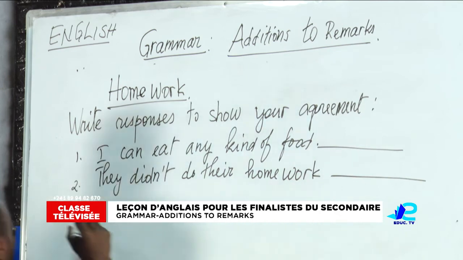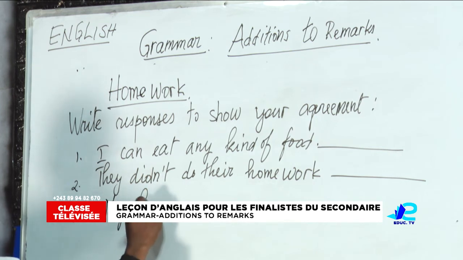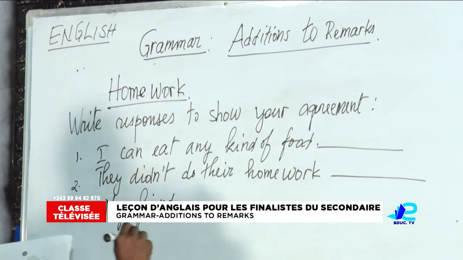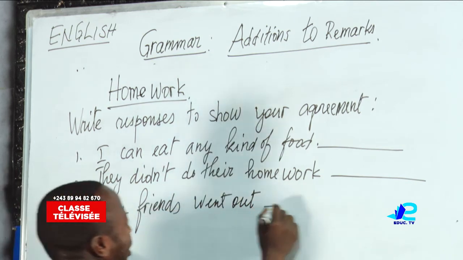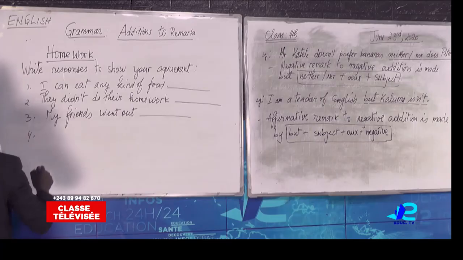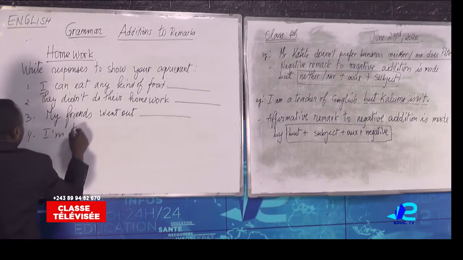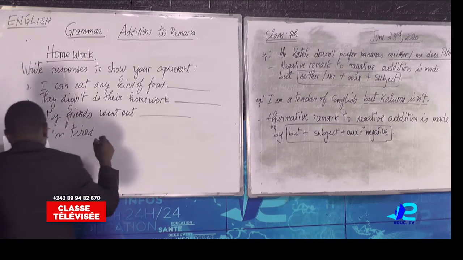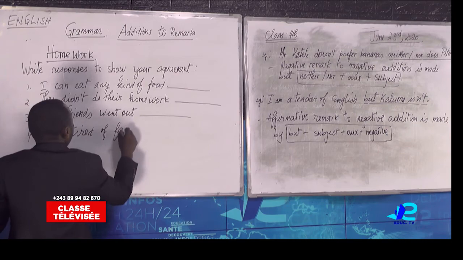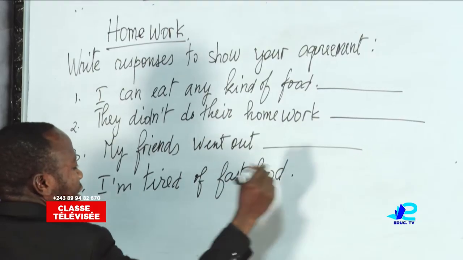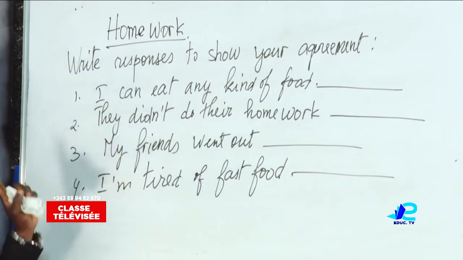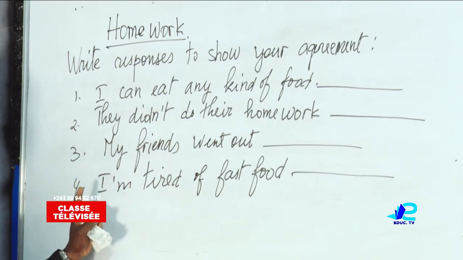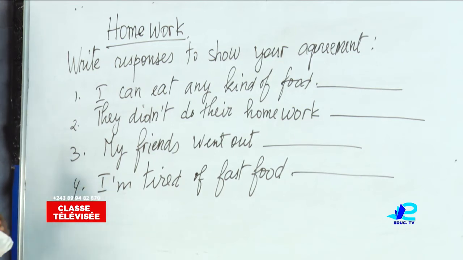The third is my friends went out. The last example is I'm tired of fast food. This is the exercise or the homework I have given you. You do the same as the teacher, following the instruction that I've given or the rules I've given you. All right? Good. Take it and do it carefully.